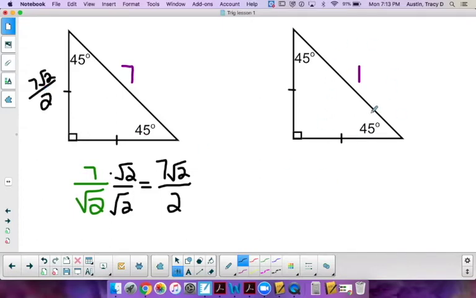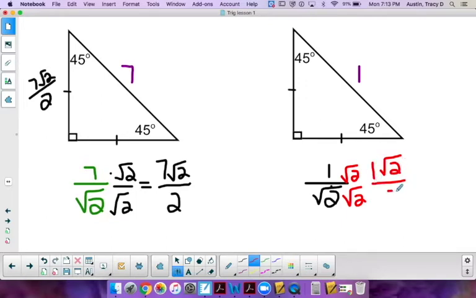So try this one. I'll start it for you. You know you have to divide 1 by the square root of 2. Okay, so simplified by multiplying by root 2 over root 2 should give you 1 root 2, or you can just write it as the square root of 2 all over 2.